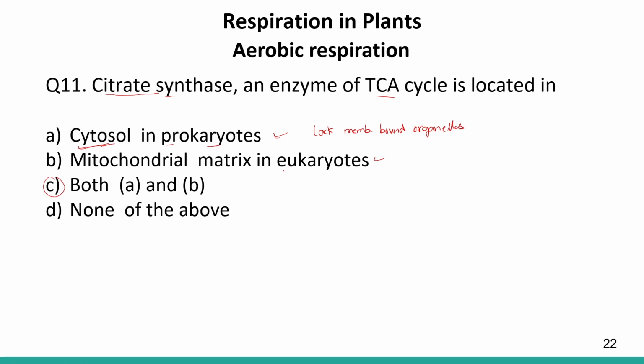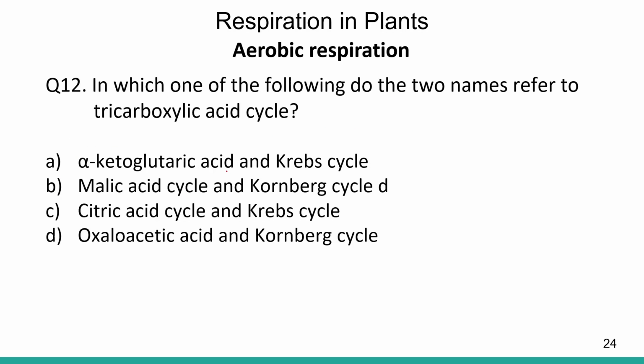But what happens in eukaryotes? They have mitochondria. So the enzyme of the TCA cycle, citrate synthase, is present in the matrix of the mitochondria. So answer is option C.